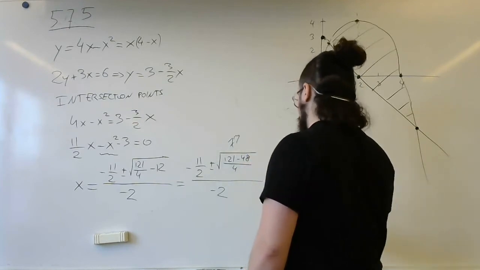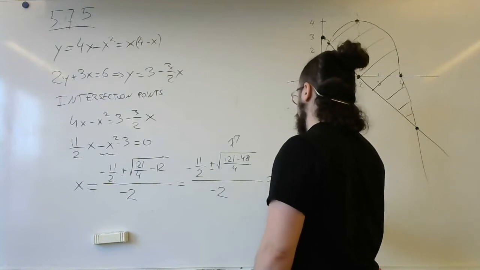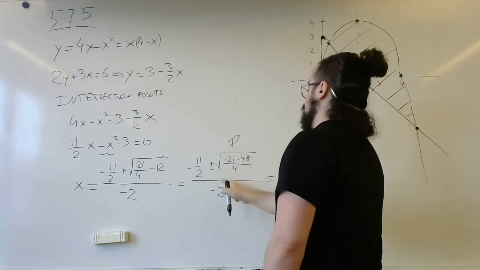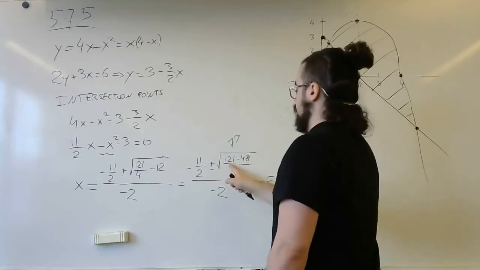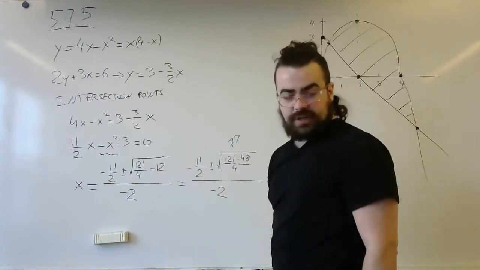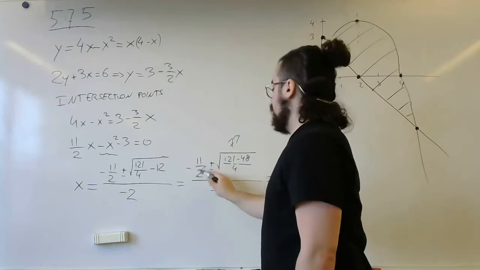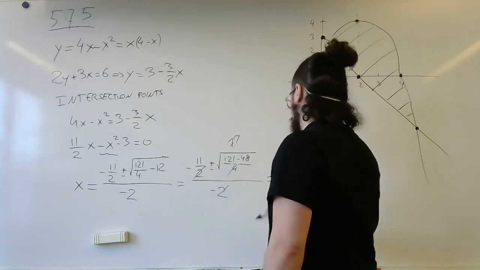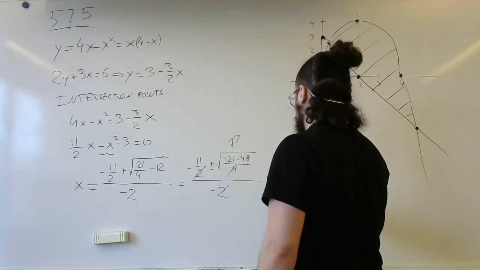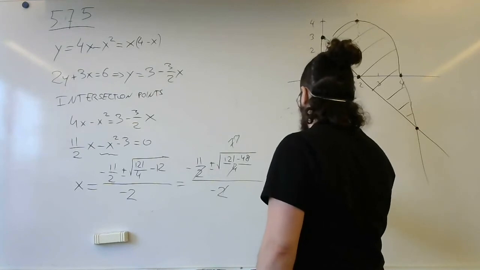Is this number here, which is prime. This is prime, so it's not a perfect square. This 4 comes out dividing as a 2 and cancels with this and with this. And we have minus 11 plus minus the square root of 73.